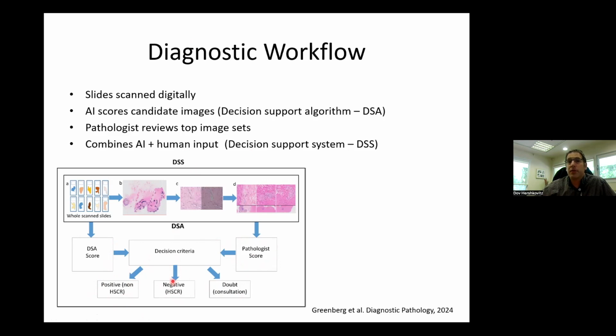It can be negative, if both the pathologist and the algorithm think that all the images are negative. And based on the decision criteria, it can be doubt. In doubt cases, we send just the small PDF with the small images to an expert in Hirschsprung disease diagnosis.